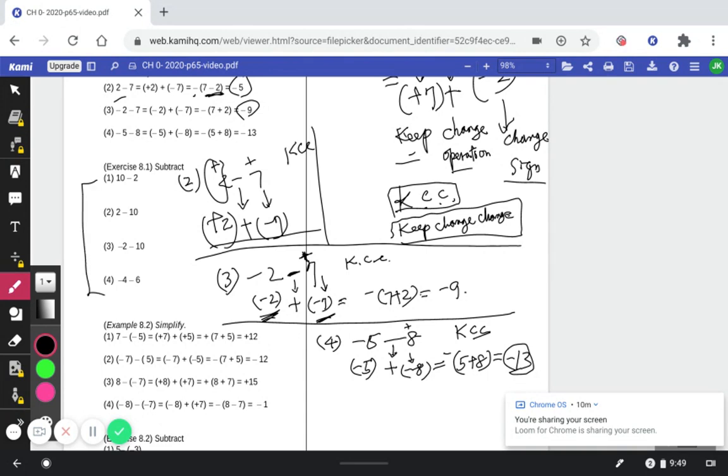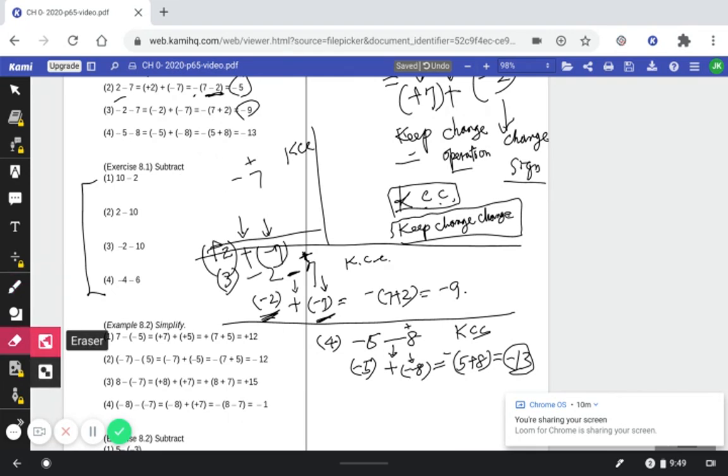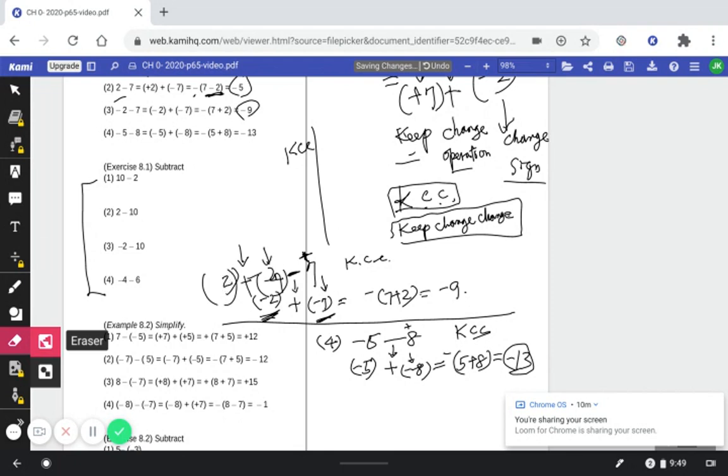So now, can you do exercise 8.1, which is subtraction of two numbers by doing keep change change? Pause the video, try this question, and then check your answer with the answer key at the end of the section.